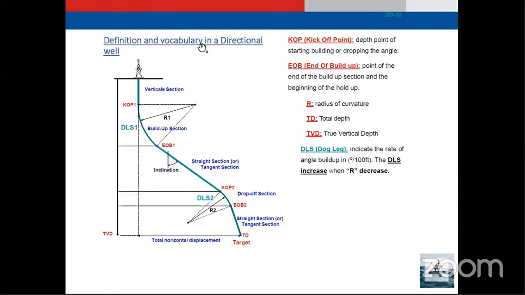When we make directional well planning, we take from the reservoir engineer the location of the reservoir, at which depth the reservoir should be penetrated, and the coordinates x, y. That's it from the reservoir.